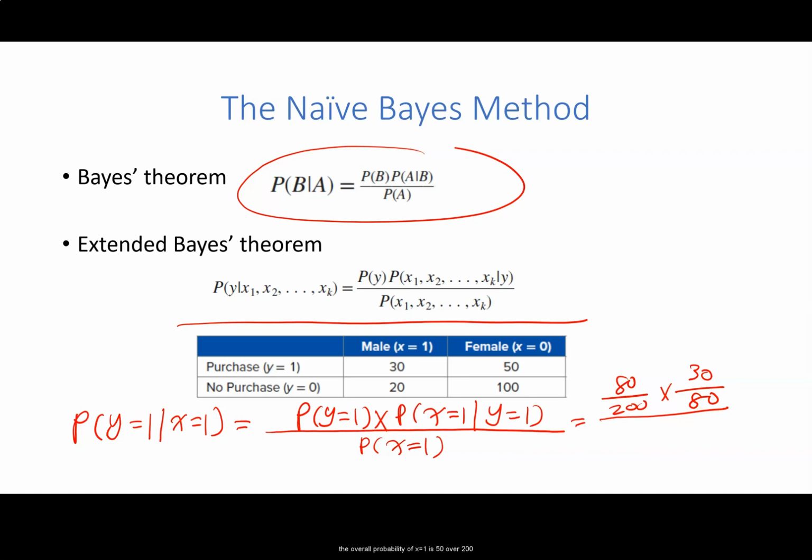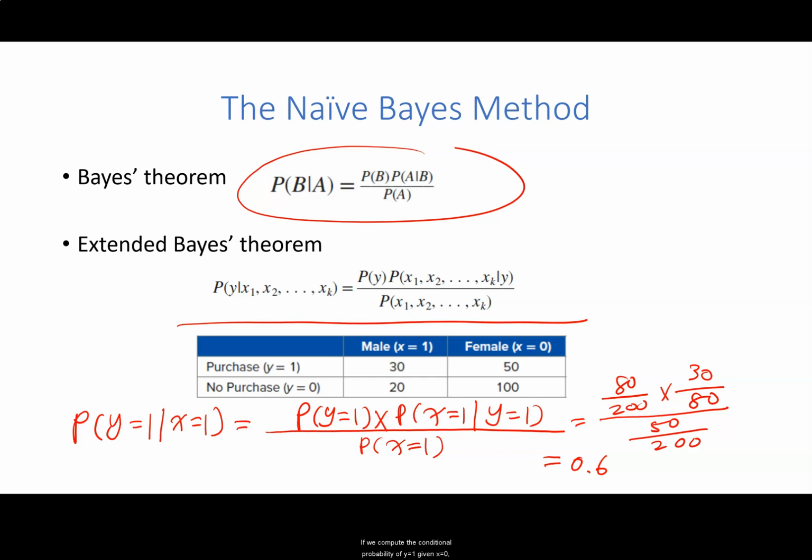The overall probability of x equal to 1 is 50 over 200, because 50 out of the 200 customers are male. If you do the calculation, you will get the probability of 0.6, which is exactly the same as our probability number in the earlier slide.